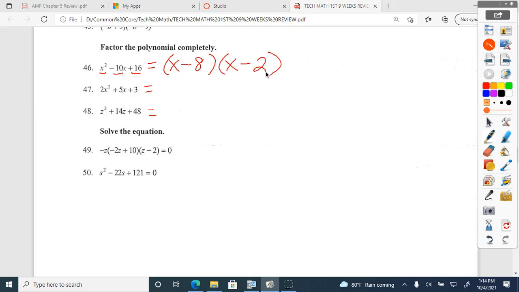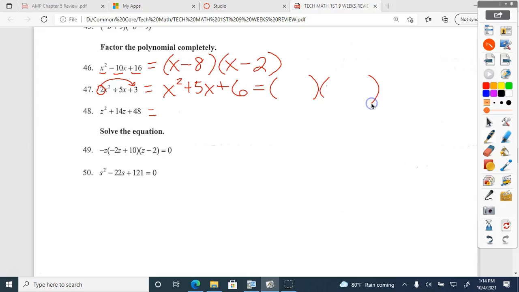Okay? 47. Is there a greatest common factor? No. But this number needs to be 1. So we're going to borrow. Move it. That will be x squared plus 5x. 2 times 3 is 6. Now play the game.